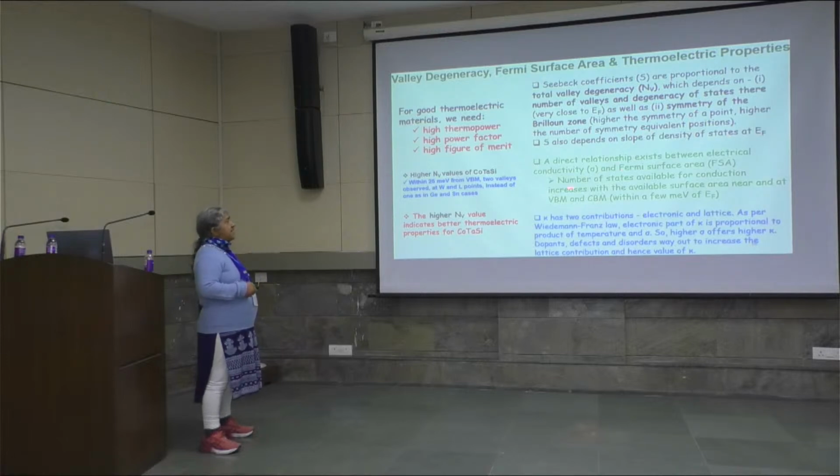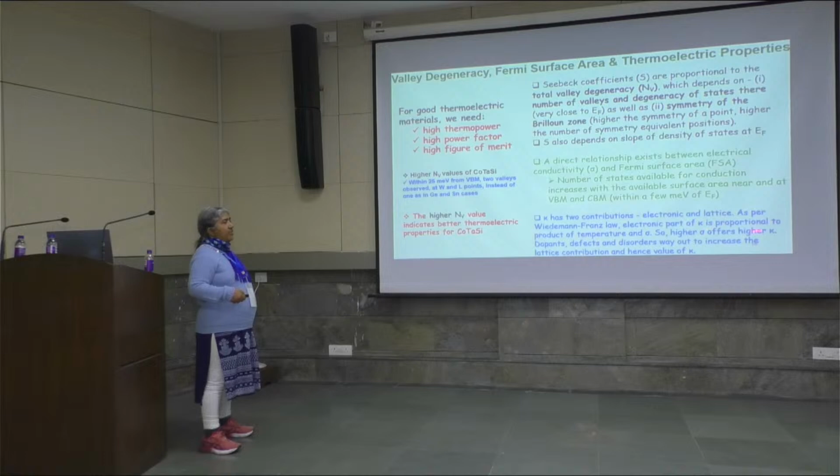Then there is a direct relationship between electrical conductivity and Fermi surface area. That we all know from our MSc or BSc level. The number of states available for conduction increases with available surface area. And then kappa, as I said, has two contributions, electronic and lattice. As per the Wiedemann-Franz law, we calculated only the electronic part, which is proportional to the product of temperature and sigma.